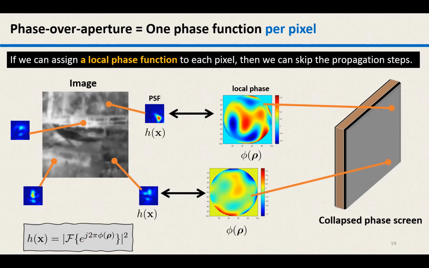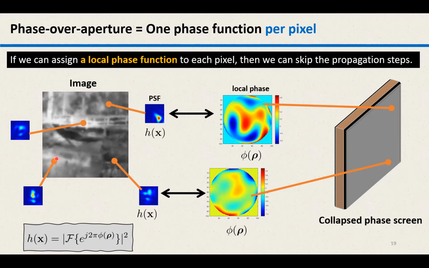So if I am able to tell you the local phase screen at every location, you can take the Fourier transform and get back the point spread functions. Then that's it. If you know the phase, you know the point spread function. If you know the point spread function, you can do the spatially varying convolution, and you will get the distortion you want.